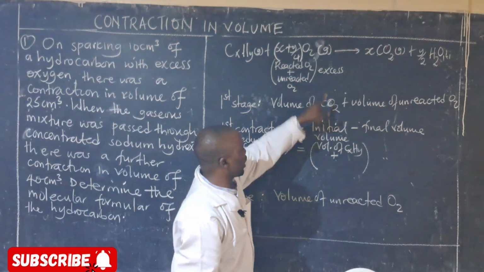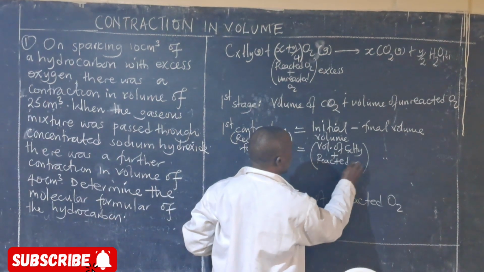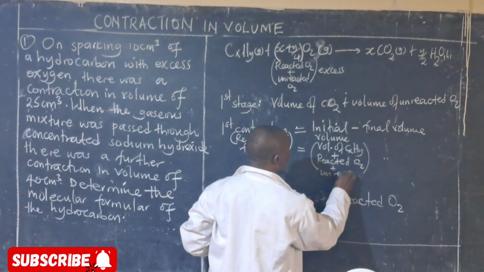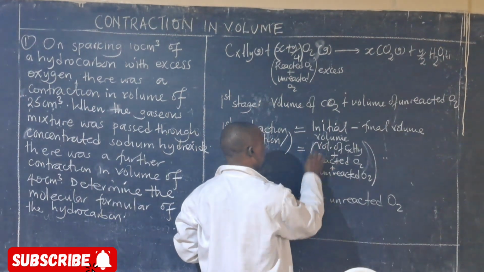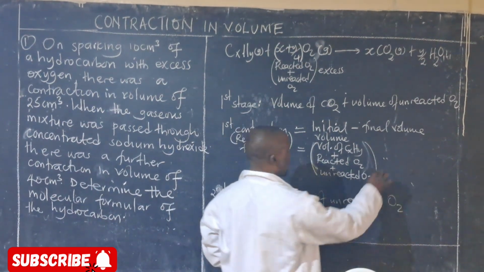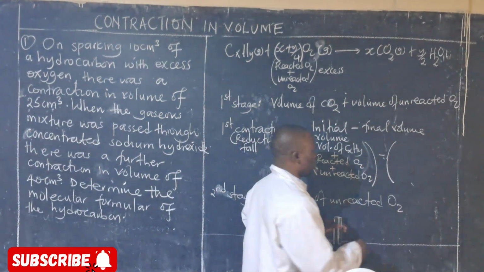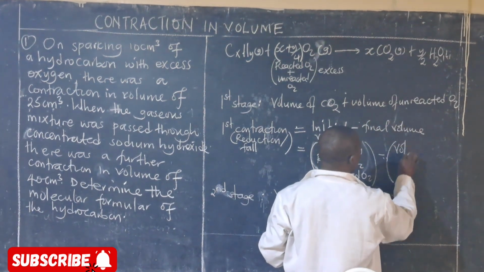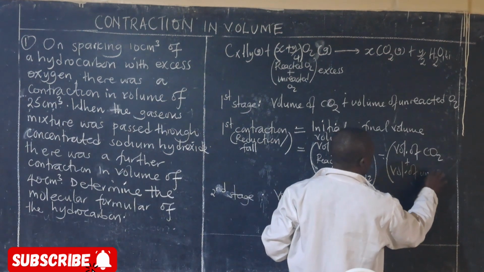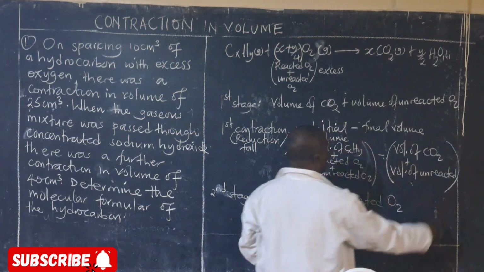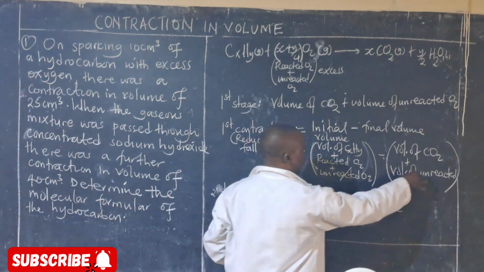Then I added in excess gas, so I have these two, reacted oxygen and unreacted oxygen. So these are the three volumes at the first stage when you are starting the experiment. Then after that, I have carbon dioxide and unreacted oxygen, so volume of carbon dioxide plus volume of unreacted oxygen. Mathematically, both of these are volumes, so I'll subtract the unreacted oxygen, which appears on both sides.